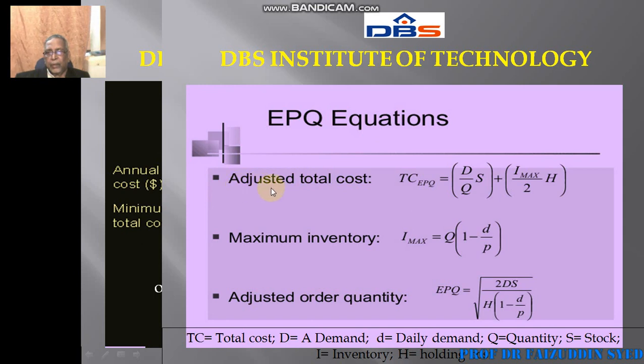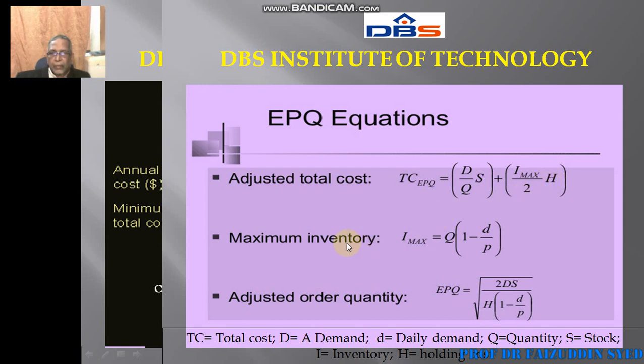One is the adjusted total cost, that is TC is equal to DS by Q plus Imax H divided by 2, where TC is the total cost, D is the annual demand, S is the stock, Imax is the maximum inventory, and H is the holding cost.